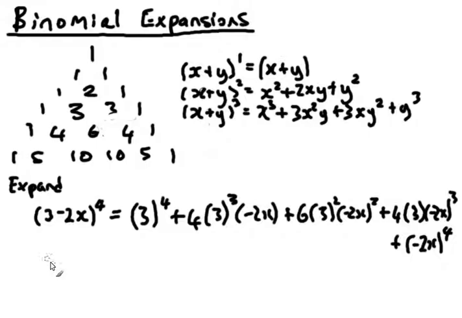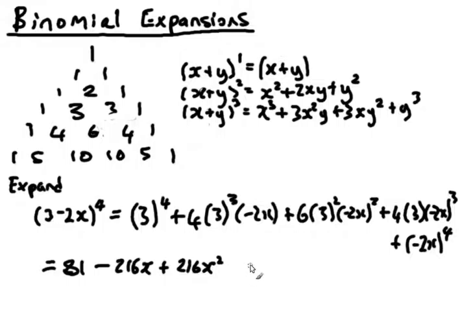That gives us, after we've tidied up, an answer of 81. Now the signs should alternate. Minus, what have we got there? 27 times 8, so that's going to be minus 216x. Then we've got 9 times 4 times 6. I think that's also, if I'm not mistaken, 216x squared. 9 times 6, yeah, cool.